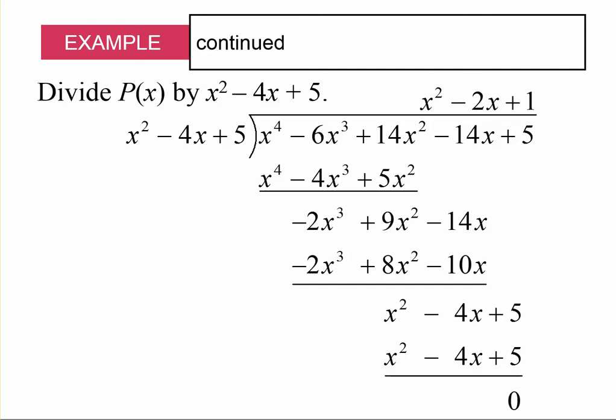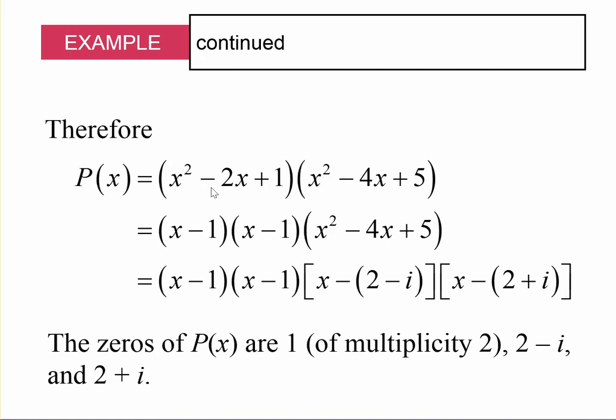Anybody? Need two numbers that multiply to 1 and add to negative 2. I go with that. x minus 1, x minus 1. Doesn't that factor down there? So then, breaking everything down, x squared minus 4x plus 5 breaks down into this eventually. x squared minus 2x plus 1 breaks down into this.